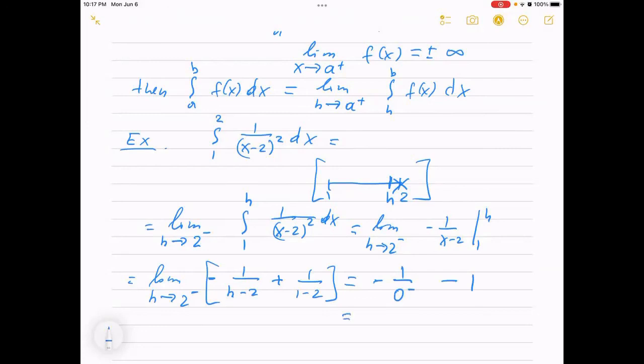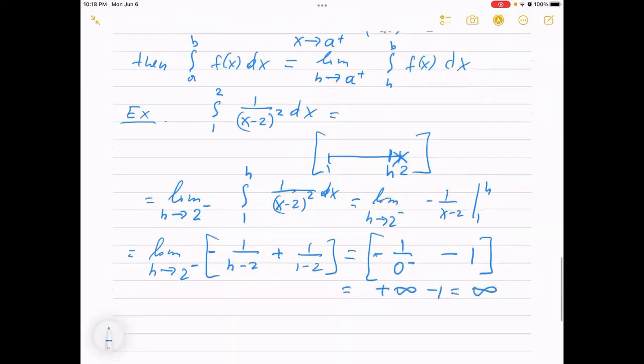So negative over negative becomes positive, and the final answer is positive infinity. So the integral from 1 to 2 of dx over (x minus 2) squared equals positive infinity.